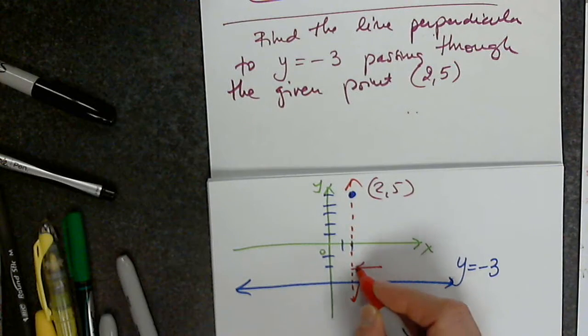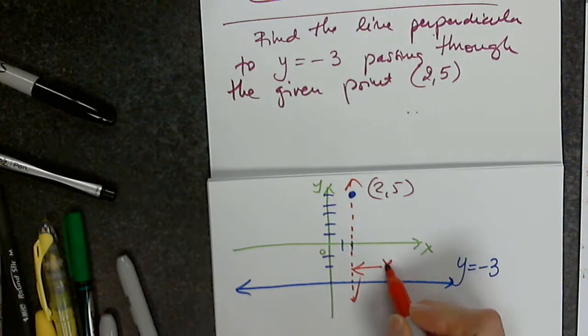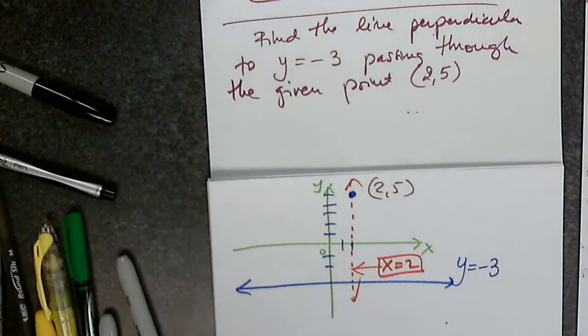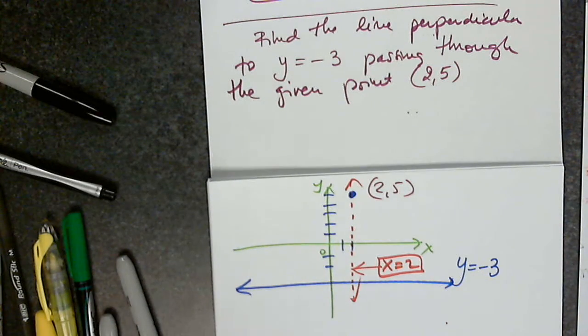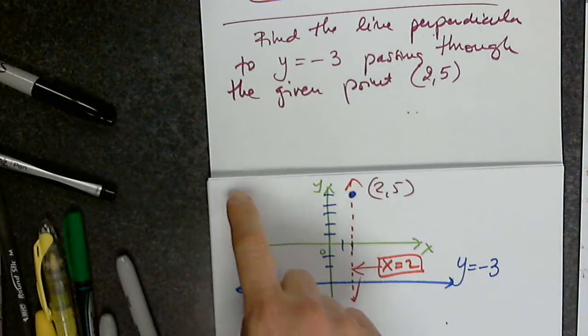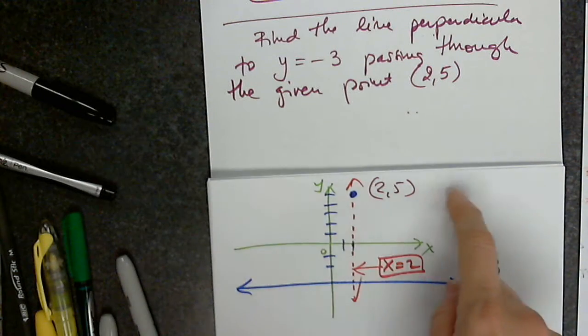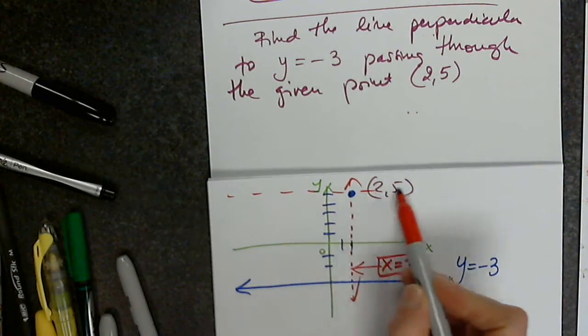Can anyone give us the equation of this line? Anything else? So if it was parallel, it would have been y equals 5. Correct. Parallel would have been y equals 5.